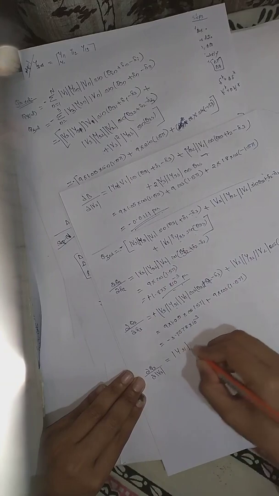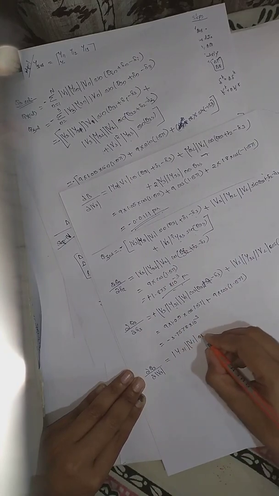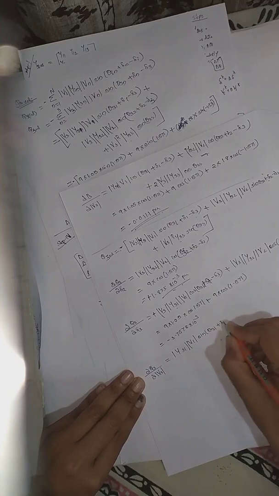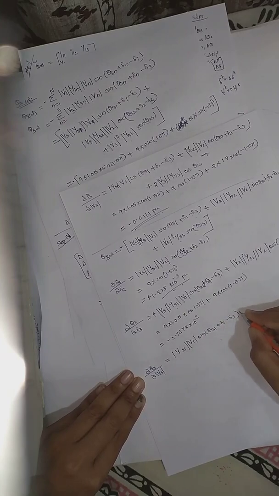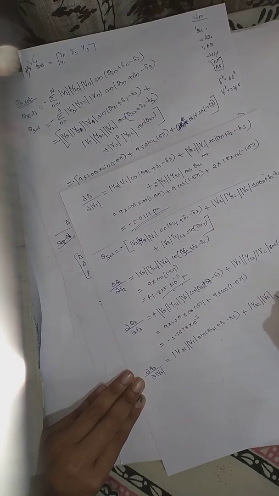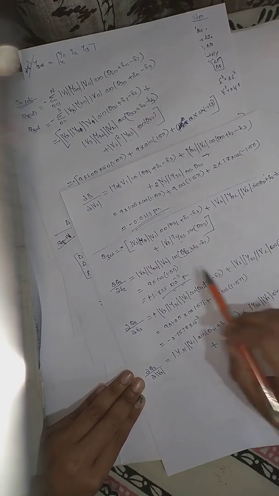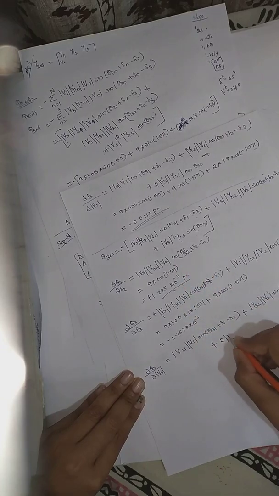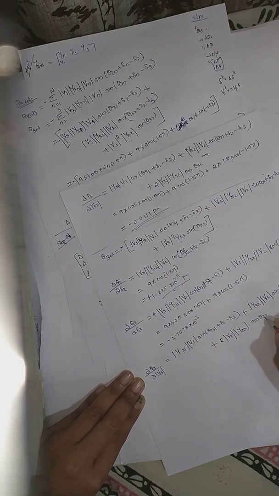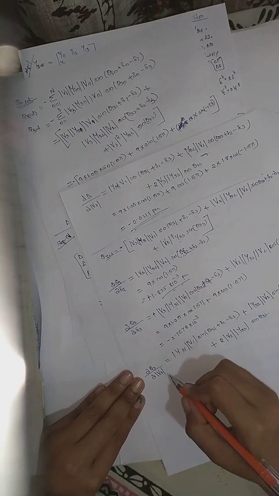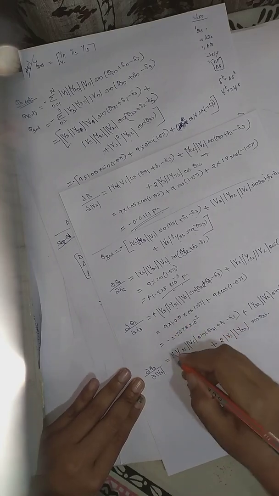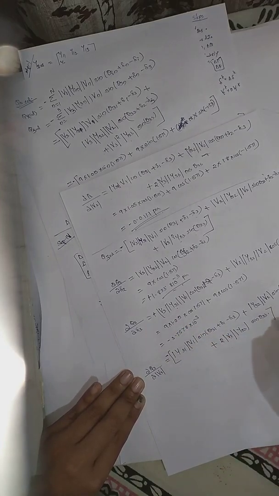That is Y31 V1 sin(θ31 + δ1 − δ3) plus Y32 V2 sin(θ32 + δ2 − δ3) plus, then V3 square, so 2 into V3 into Y33 into sin θ33. This value we have to find out. And one minus is there, so I have to put a minus here.